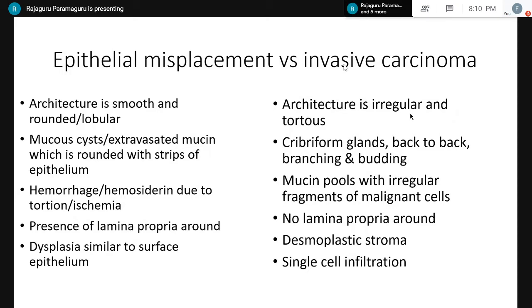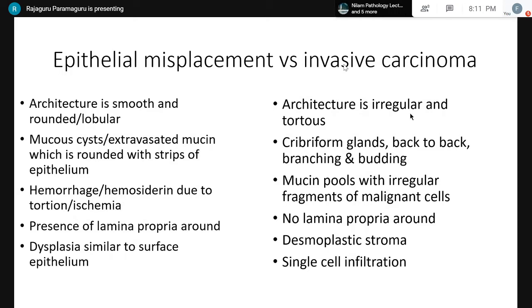So you might have a lot of hemorrhage with hemosiderin-laden macrophages surrounding the misplaced epithelium, and you always see a lot of lamina propria around it. If the epithelium happens to show dysplasia, it is going to look similar to that present on the surface.